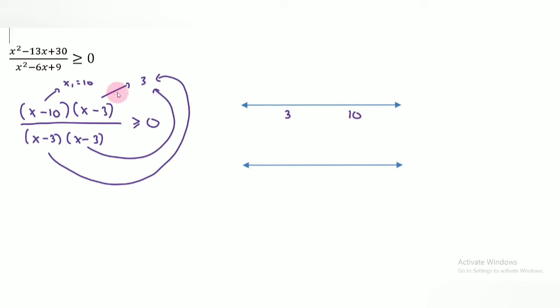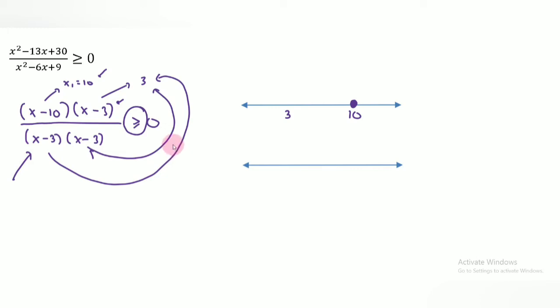Remember that for 10, since it is from the numerator, it depends on the inequality sign. Since the inequality sign has an equal sign there, it must be a closed circle. But about the 3, it's quite confusing because 3 comes from the numerator and also from the denominator. If we use 3 to replace x, we always have an undefined situation.